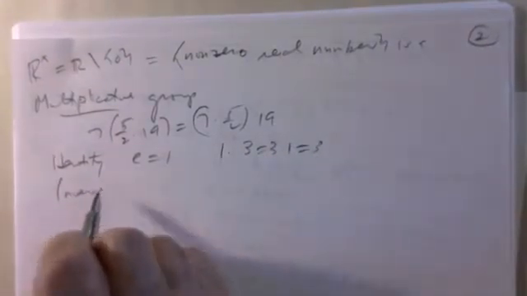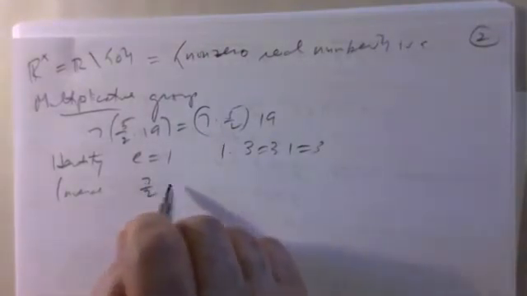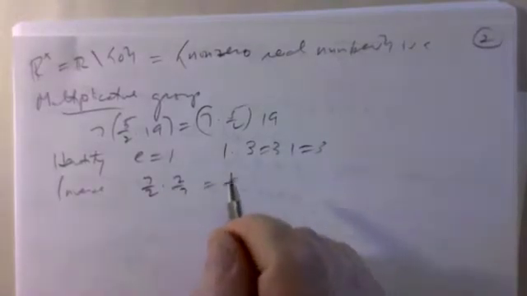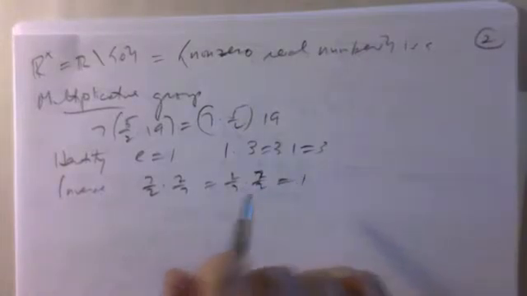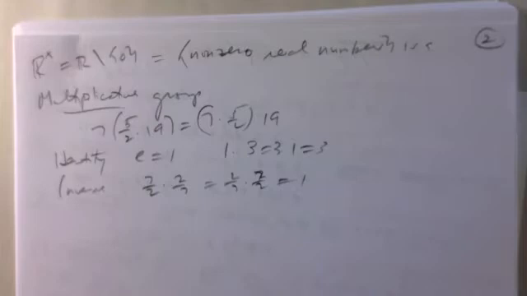And everything has an inverse. What's the inverse of 7/2? 2/7. 2/7 times 7/2, 7/2 times 2/7 is 1. Every element has an inverse. So the non-zero real numbers with the binary operation of multiplication is a multiplicative group.